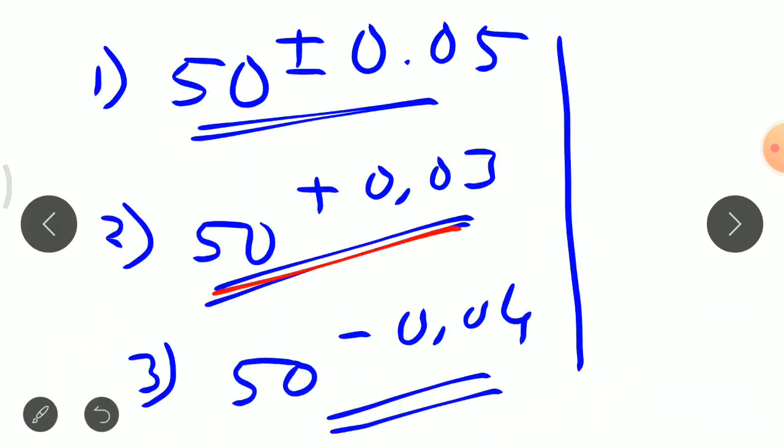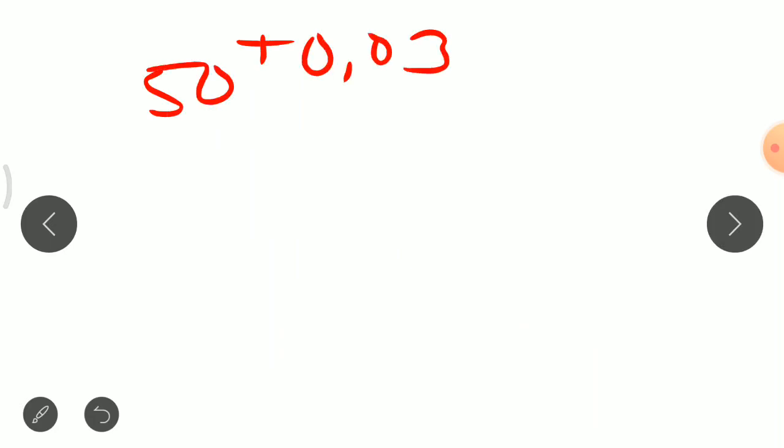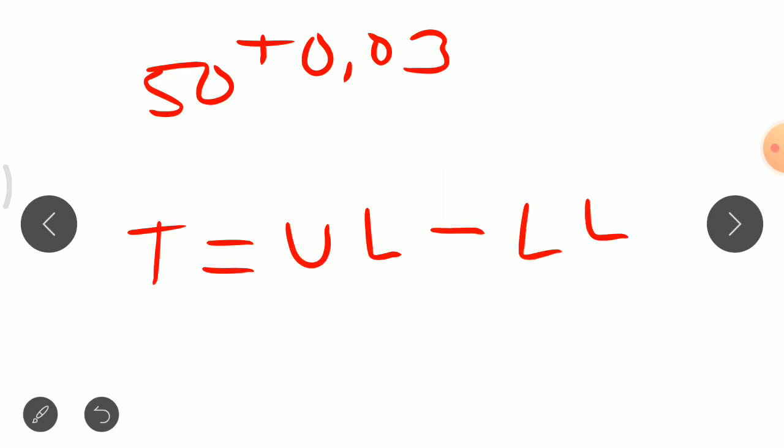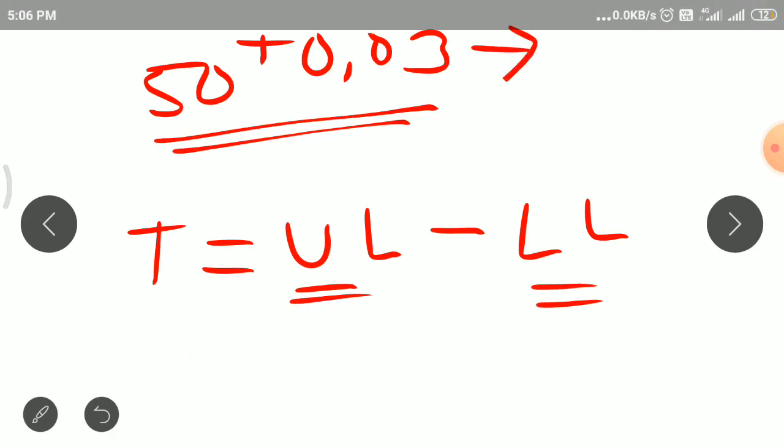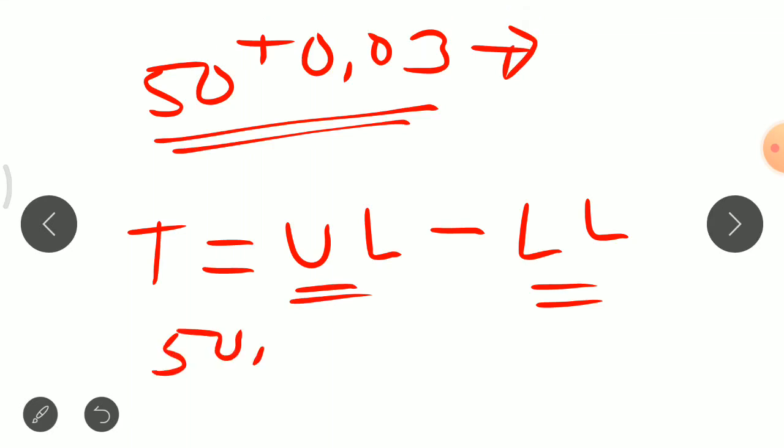Now we will take the second example. What is the second example? 50 plus 0.03 mm. Here I will write 50 plus 0.03. To calculate tolerance, what do we need? We need the upper limit and the lower limit, and we have to subtract the lower limit from the upper limit. But here we have only one value, and after calculating we get 50.03 mm, that is the maximum limit, or you can say the upper limit.